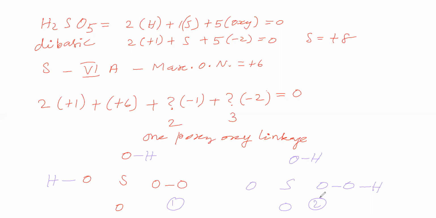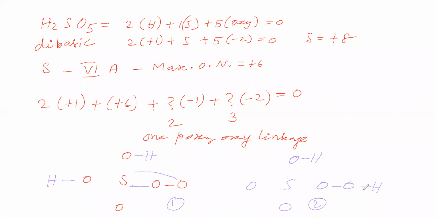Now, if we take the first one as correct, how will the bonding be? This oxygen will make 2 bonds, isn't it? One bond here, another bond here. So another bond will be like this, so it will become a triangle, no? How will the stability be, do you think? Triangle is not possible here.